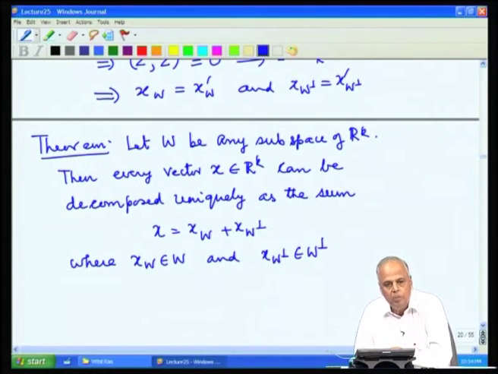There is a unique decomposition of every vector with respect to every subspace.